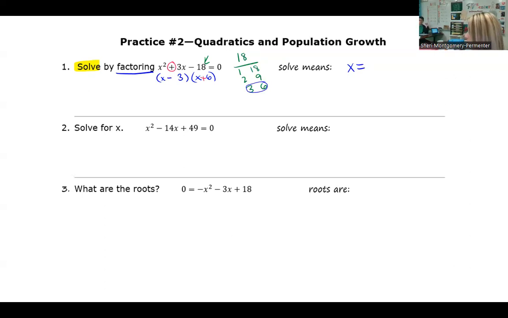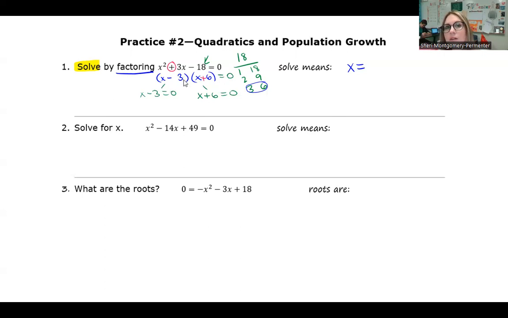Okay, do I have X equals? No, all I have is factors. To get X equals, I have to set each one of these factors equal to 0 and then solve for X. Because 3 and 6 multiply to give you 18. So you have to multiply to give you the last number, and then add or subtract to give you the middle number.